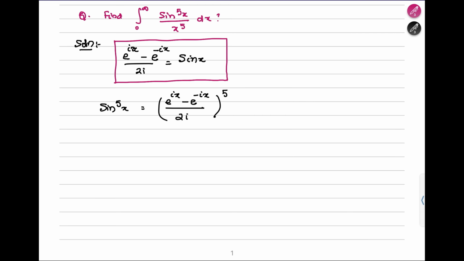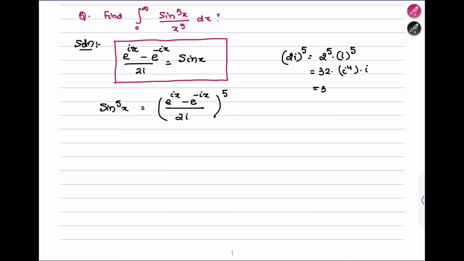And what will be the value of the denominator? 2i to the power of 5 is equal to 2 to the power of 5 into i to the power of 5. That is equal to 32 into i to the power of 4 into i. What is the value of i to the power of 4? It is unity.